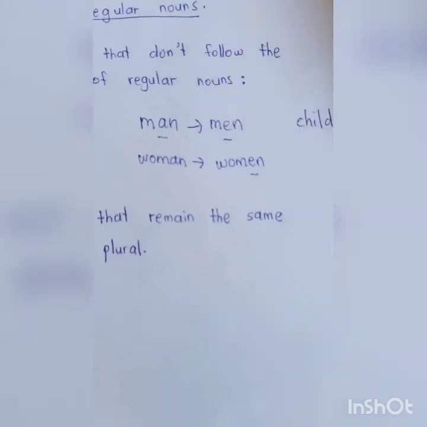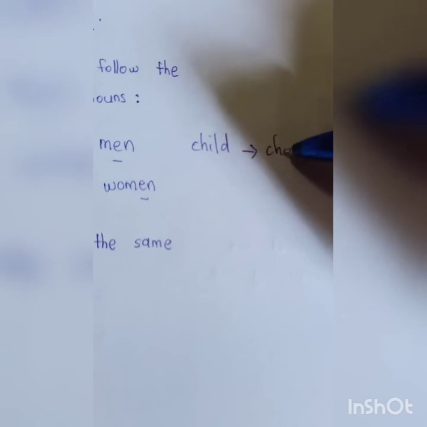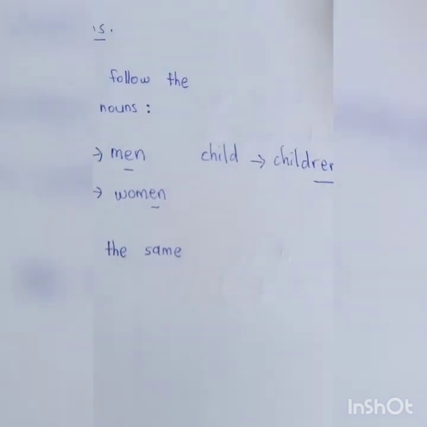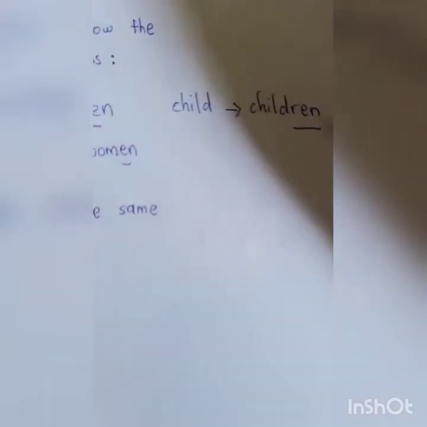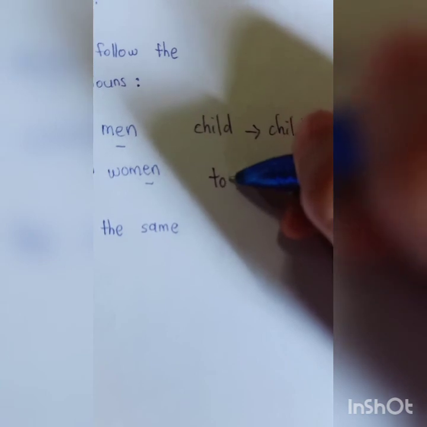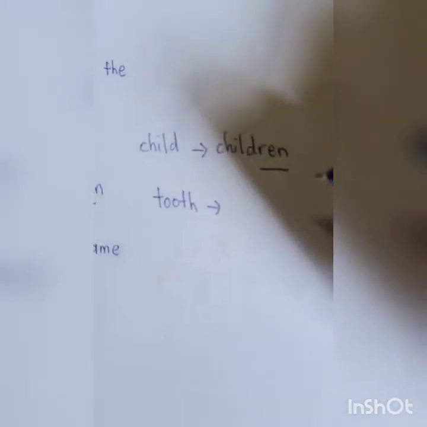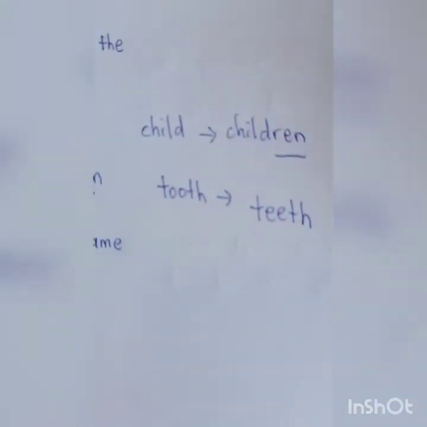So, child, you have to add R-E-N. So, it's totally different. Tooth, gigi. So, satu gigi kita sebut tooth. Banyak gigi kita sebut teeth.